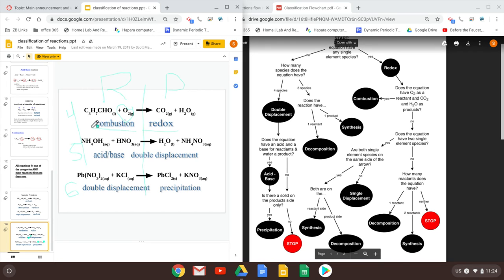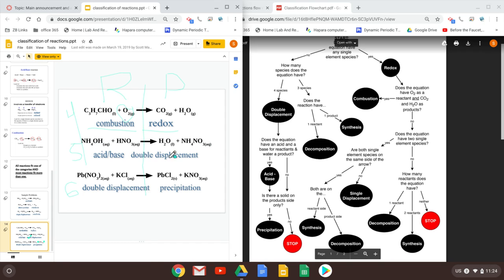And so you are done. You've classified the equation. All right, next one, number 5. It says it's acid base and double displacement. Again, when you're looking at your chart, you always start at the top. Does the equation have any single element species? Do we see any single capital letters all by themselves in this equation?